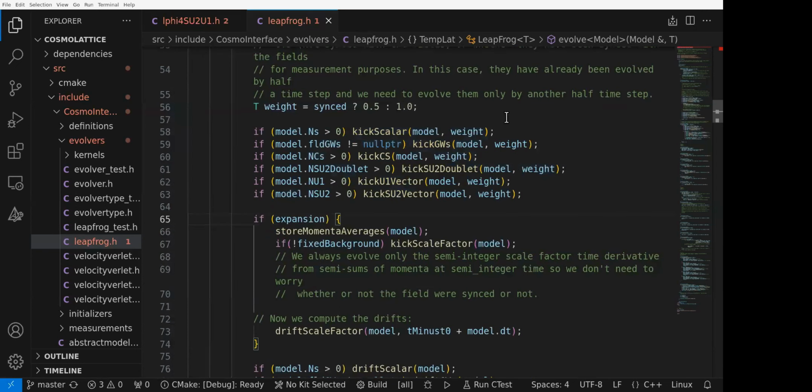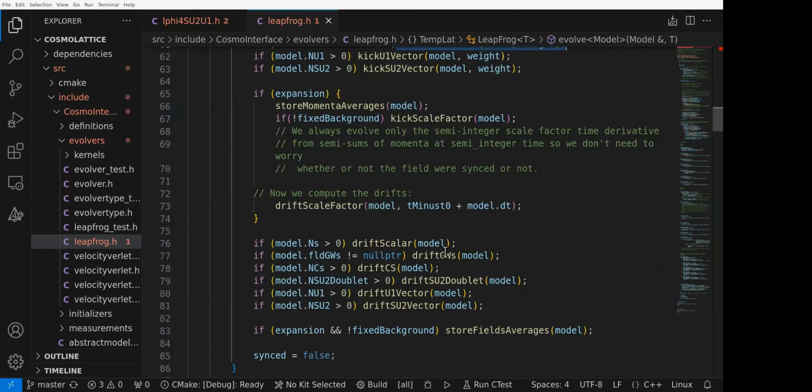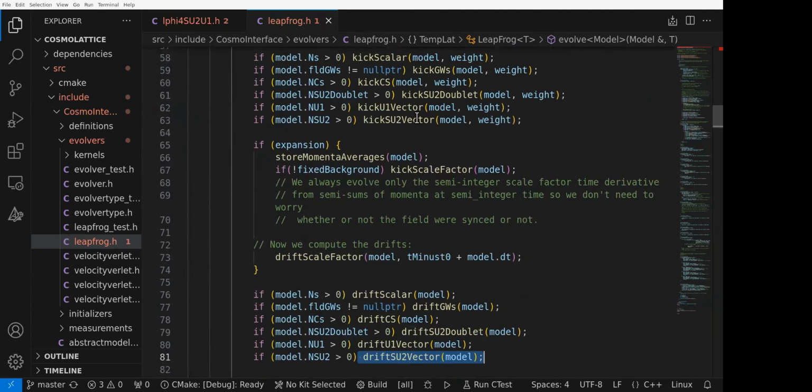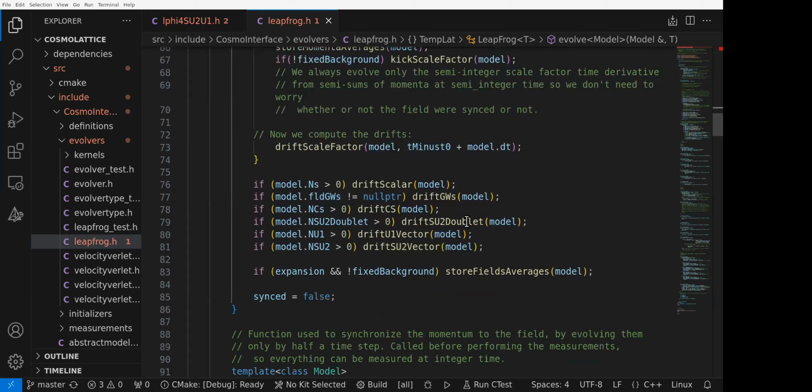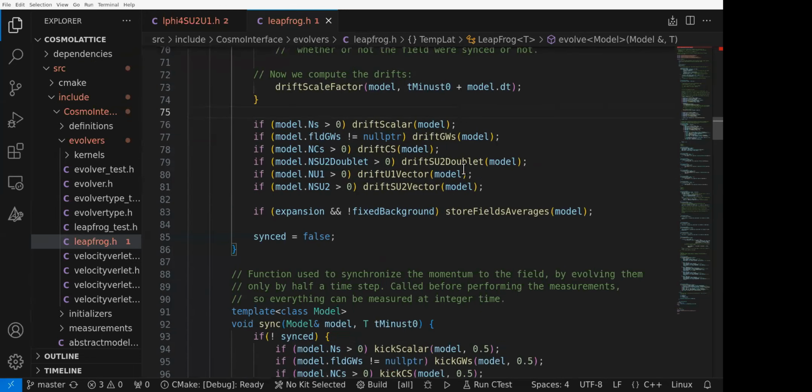The sequence that I want to show you is really this kick SU2 doublet followed by the drift SU2 vector. I mean, the kick SU2 doublet, kick SU2 vector, and drift SU2 doublet and drift SU2 vector. Again, the name tells you that SU2 doublet is really just a matter field, and the SU2 vector is the field strength tensor.